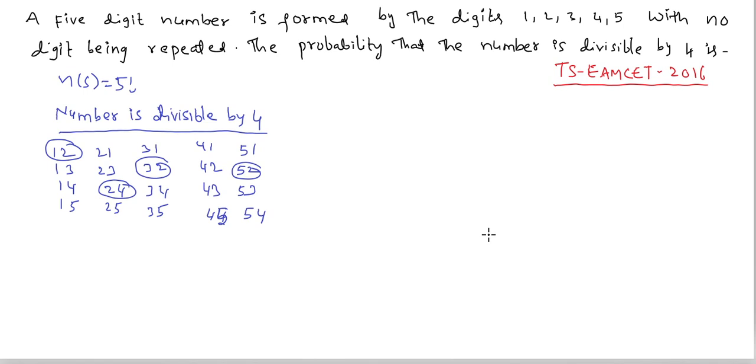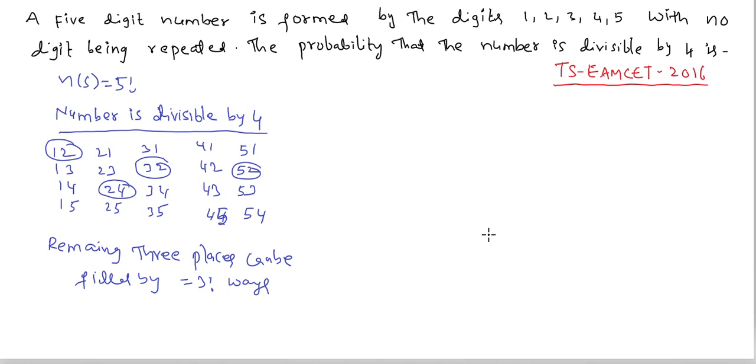So the remaining 3 places can be filled by 3 factorial ways.